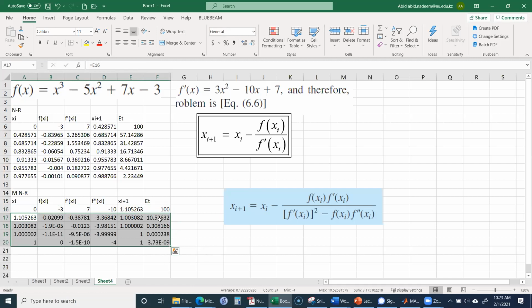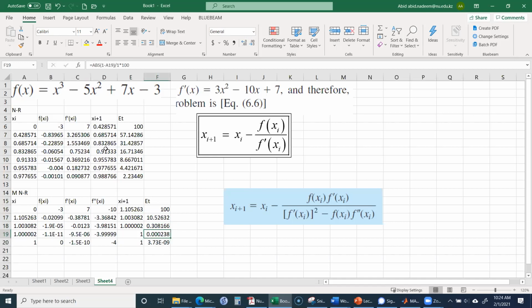What I can see is the first, second, third, and fourth iterations. In the third iteration I get a value of 1.002. In the fourth iteration, the value is so close to the true value that the percentage true error is 3.73 times 10 to the power minus 9.